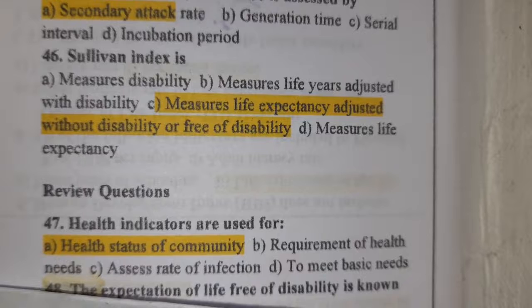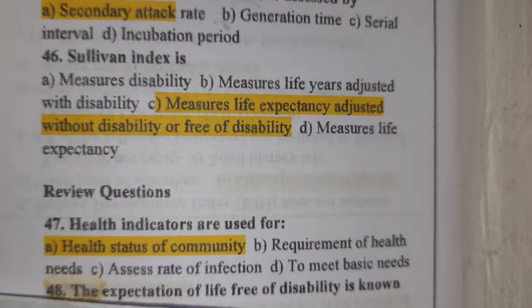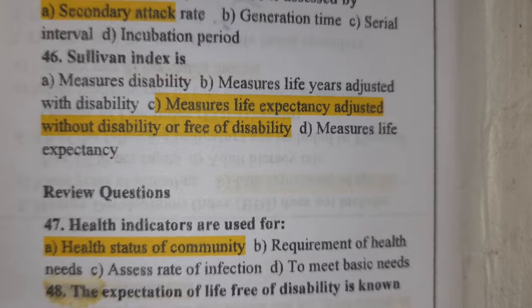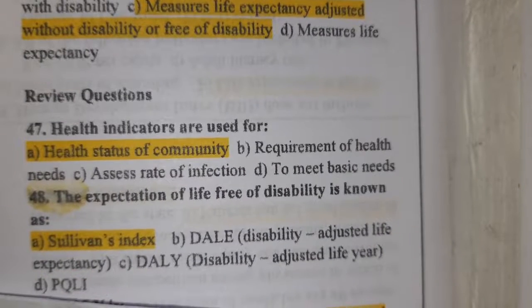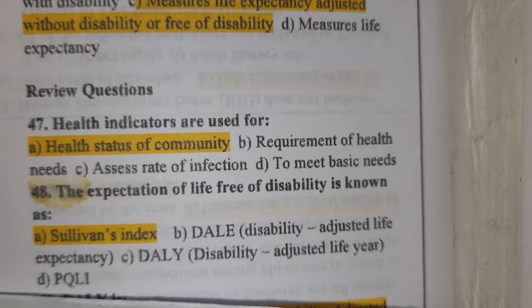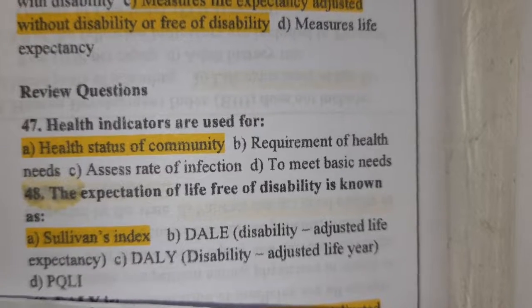Health indicators are used for knowing the health status of community. The expectation of life free of disability is known as Sullivan's Index. This is a direct one-liner.